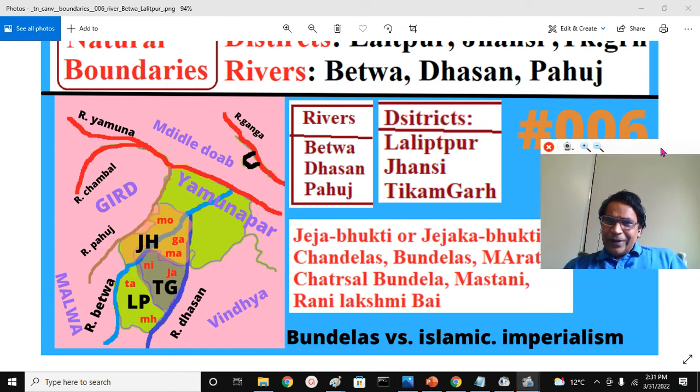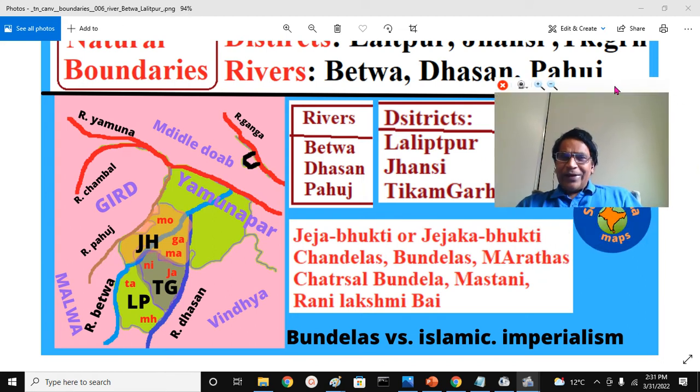Historically, the region Bundelkhand is called Jajaku Bhukti. Bhukti means like a land territory. Historically, it was ruled by Chandelas, the mighty warriors during the Ghaznavid and Ghorid time. And Chandelas actually built the Khajuraho temples and those great architectural monuments.